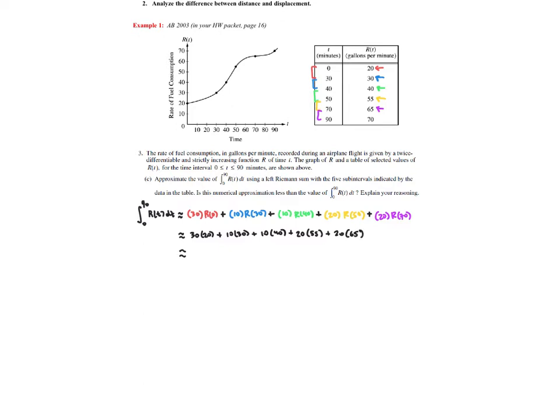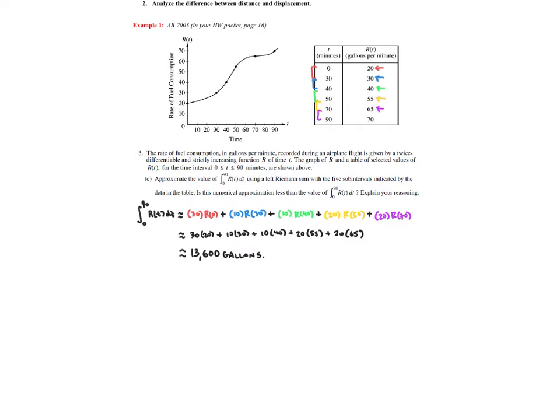I'm going to go ahead and get my calculator out here. I'll be right back. So according to my calculations, I get 13,600. This would be gallons. Okay, so we're going to have an approximation here.